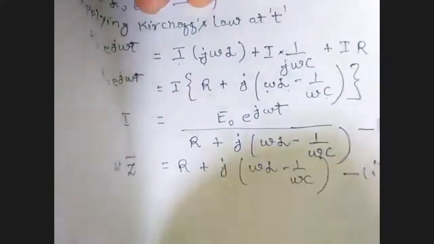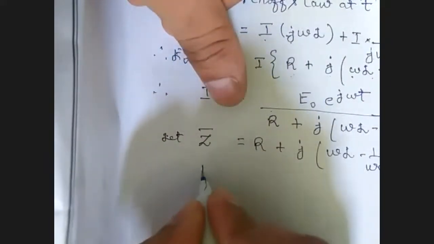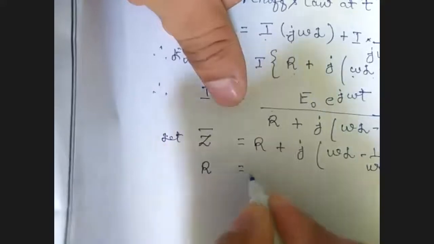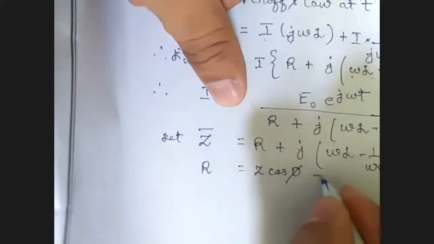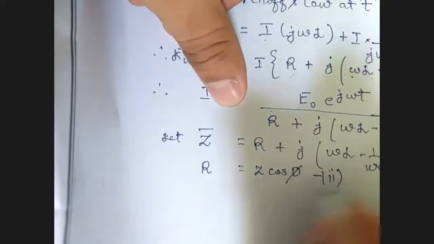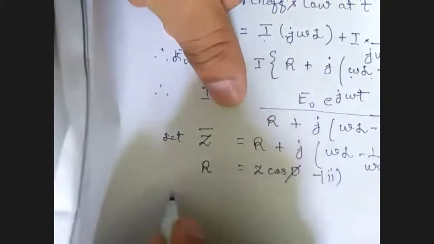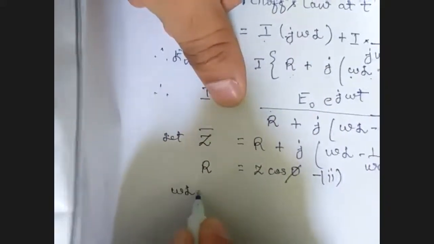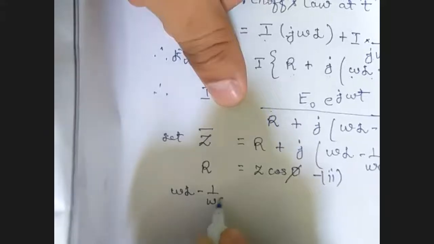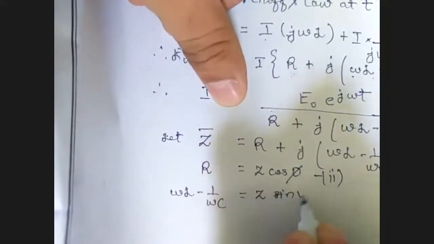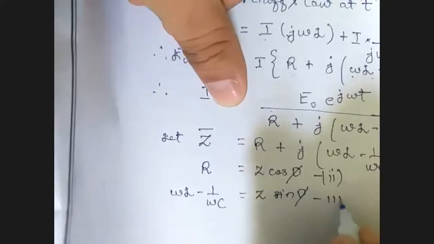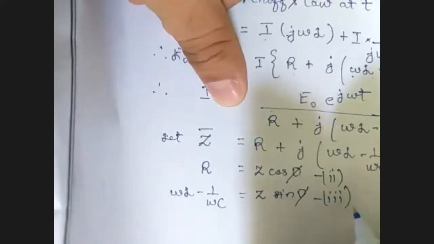Now this Z bar, we'll take the real term as Z cos phi. This is second, and the second term, that is omega L minus 1 upon omega C, as Z sine phi. Same thing, complex number.